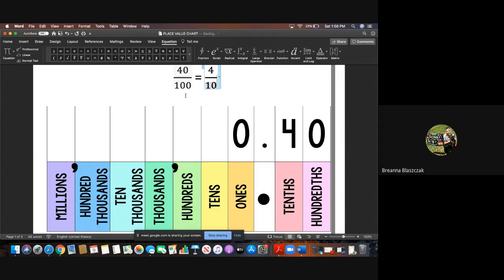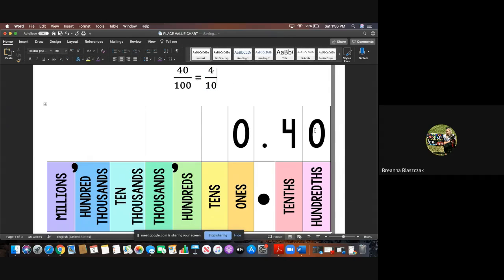So if you want more help with creating equivalent fractions for hundreds and tens, watch the next YouTube video. So 40 hundredths, which is right here, is equal to 4/10 because 10 times 10 is 100 and 4 times 10 is 40. So just like how we were talking with money, there's a 0 on the right. It doesn't change the value unless there's another digit after it. So 0.4 and 0.40 are the same value.